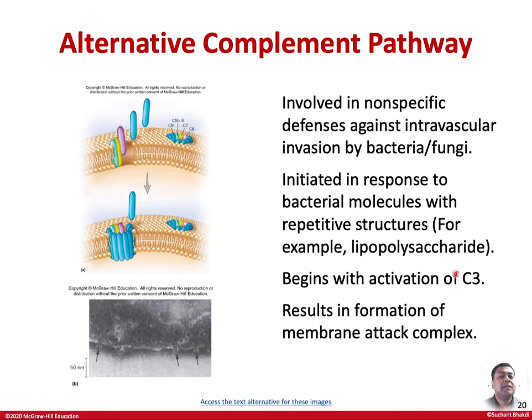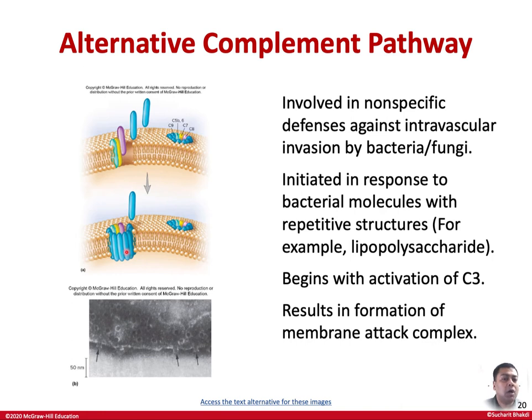We have seen that C3b activates C5, which recruits C5b. Then finally, there are these C5b, 6, 7, 8 complexes, which recruit multiple C9 molecules to make a structure which looks like a hole.